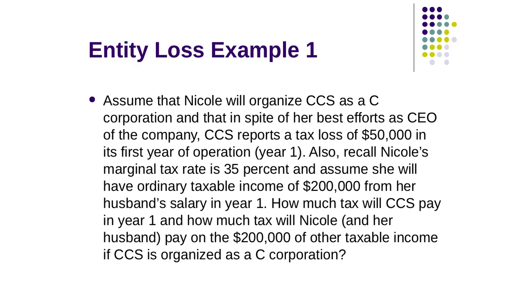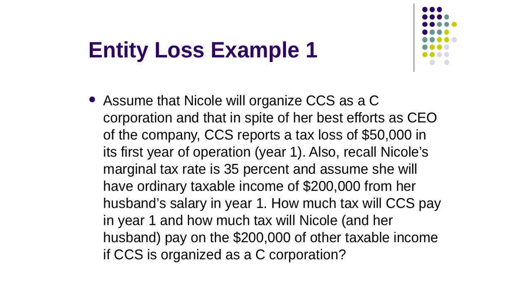All right. So now we can look at a couple of examples of losses. So in our first example here, our fact pattern says, assume that Nicole will organize CCS as a C corporation, and that in spite of her best efforts as CEO of the company, CCS reports a tax loss of $50,000 in its first year of operations, year one.